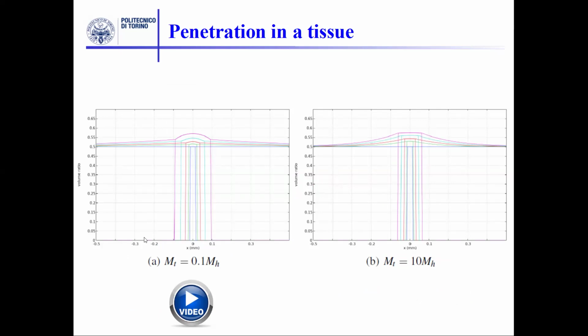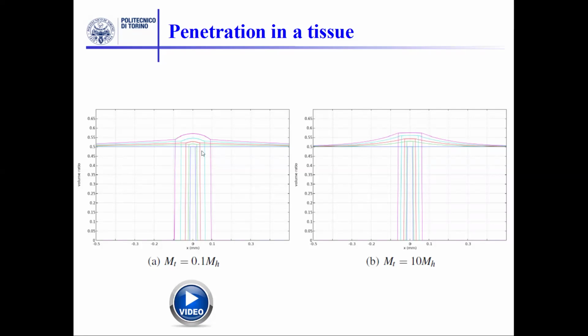This is the case in which the motility inside is smaller than the motility outside, one order of magnitude less. It means that in this case you lose the continuity of the derivative. You have a discontinuous derivative at the border, and it's expanding.